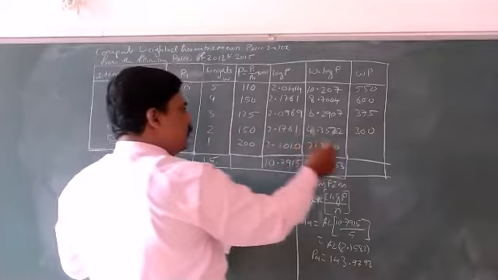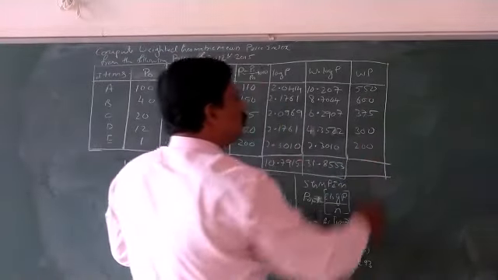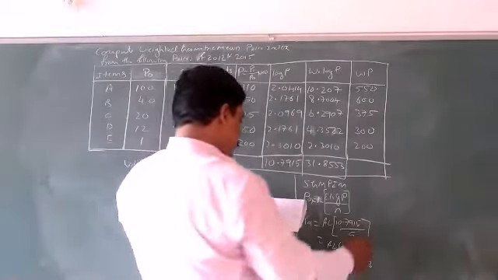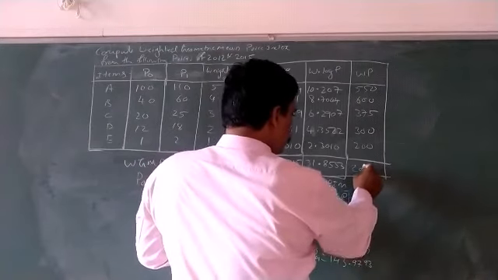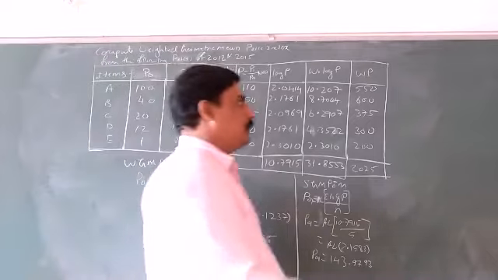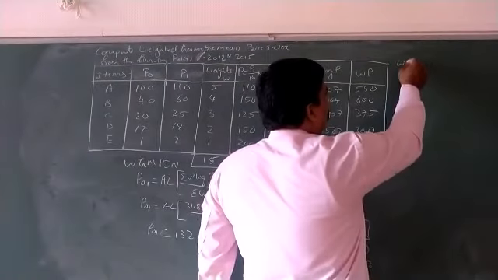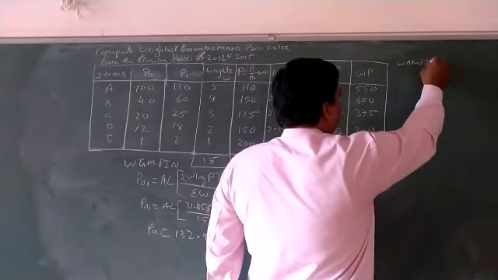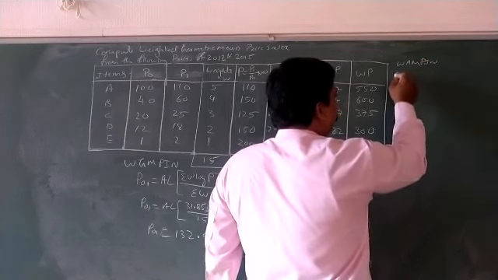And 200 into 1 is 200. Then the total of the WP column is 2025.